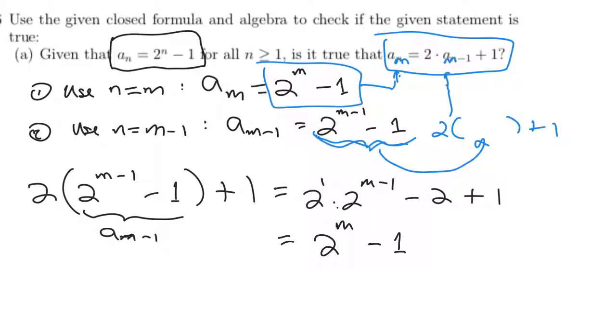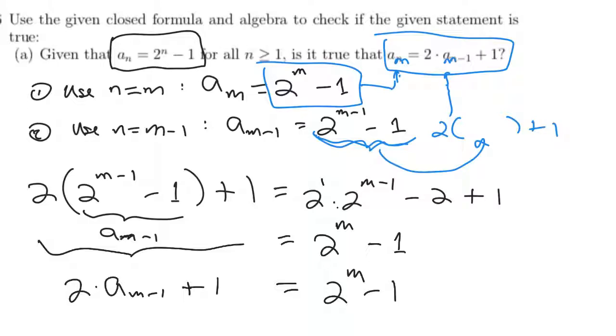So what I can see from that calculation is that this whole thing, which is 2 times a sub m minus 1 plus 1, has to be equal algebraically to 2 to the m minus 1. And it turns out, in this case, that that's exactly what a sub m was in the first place. Remember, a sub m was right there in that box.